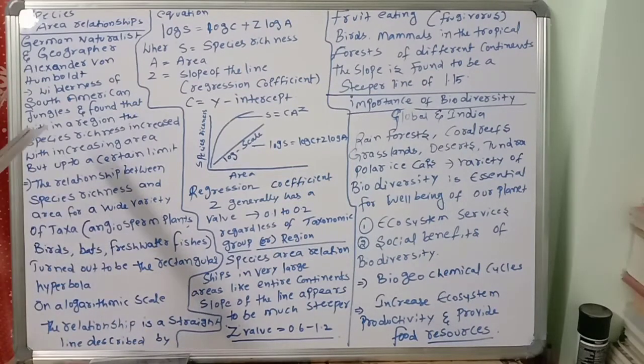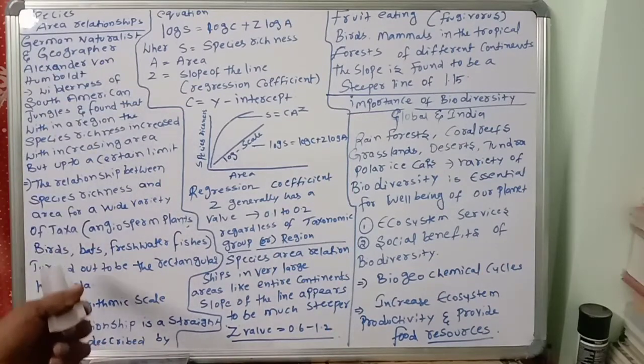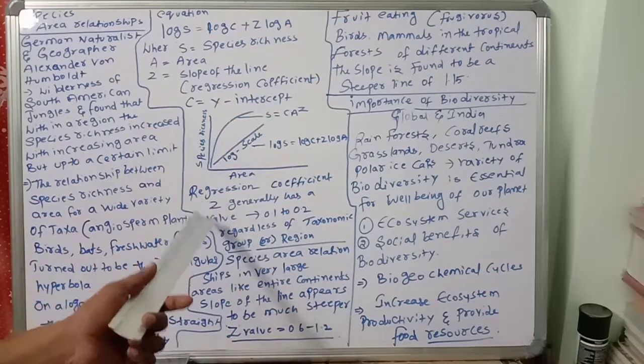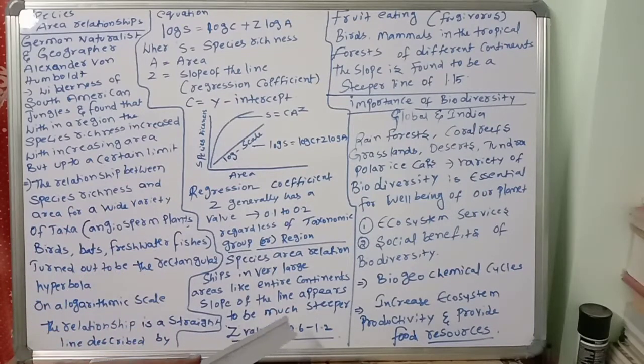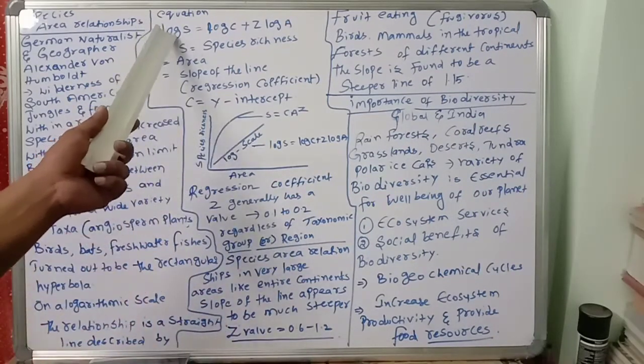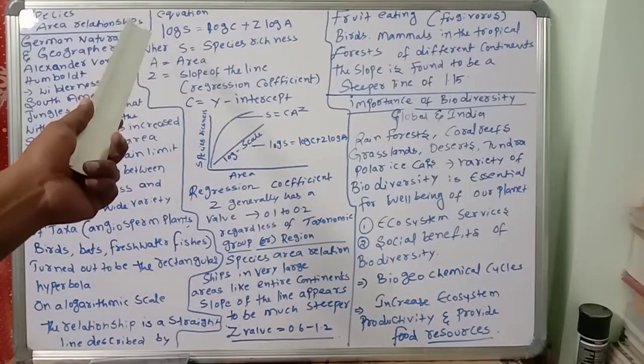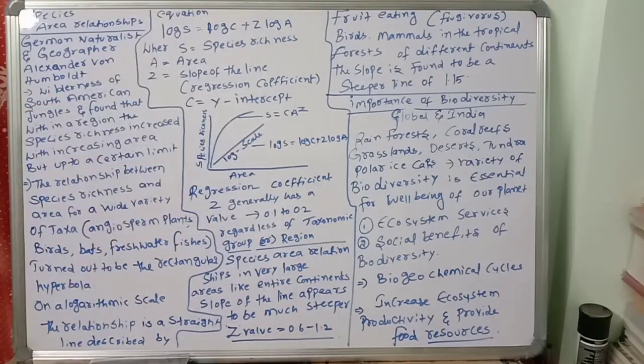So today we discussed the species-area relationship, Alexander von Humboldt, the Z line, the Z values, okay, and what is the equation? Log S is equal to log C plus Z log A, and for frugivores, birds, mammals in the tropical forests of different continents, the slope is 1.15. And the importance of biodiversity at the global and India level also.